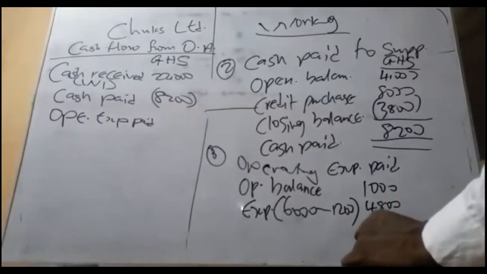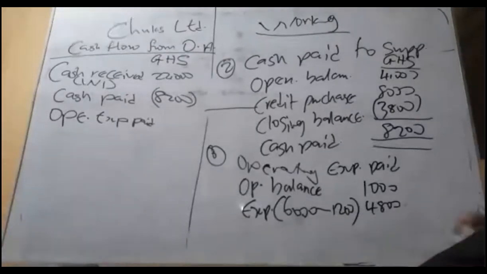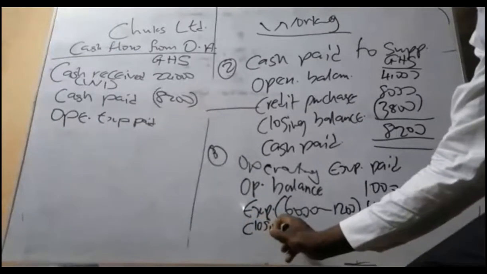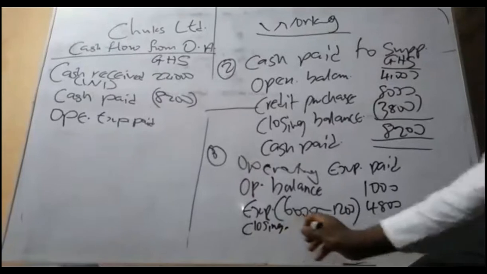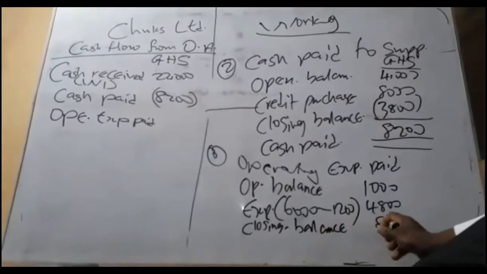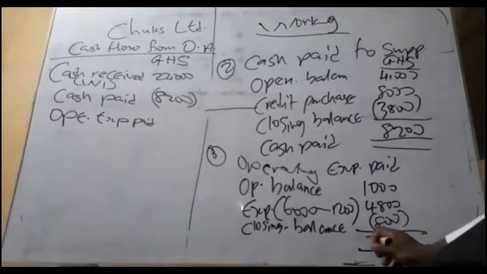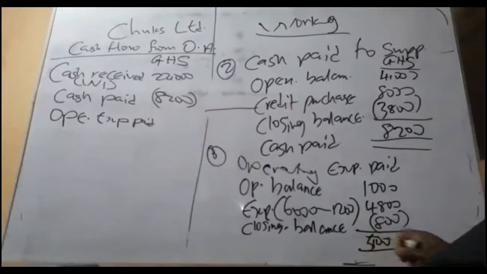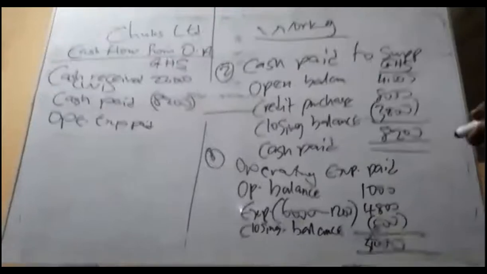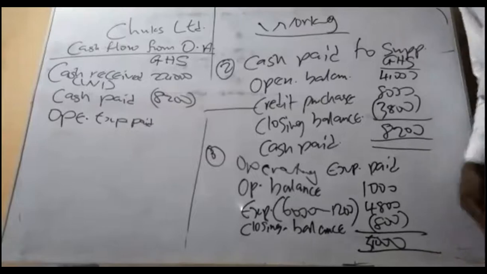Then we finally less what? The closing balance. So the closing balance happens to be 800. So we take it off. Then we get a figure of what? 5,000. So this is the cash paid for the operating expenses. Great.